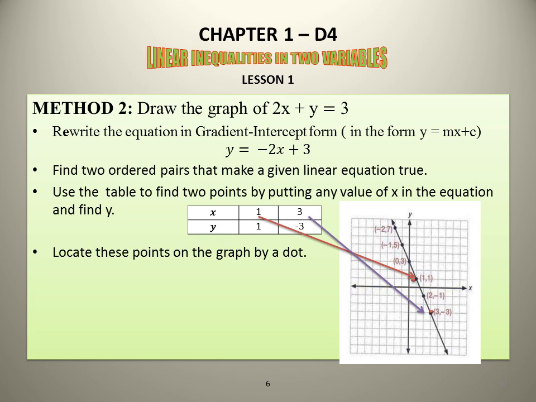Starting from the origin, move 3 units along the x-axis on the right hand side, 1, 2, 3, and 3 units along the y-axis in the downward direction, 1, 2, minus 3. Join these 2 points and produce them on both sides to get the graph of the equation.